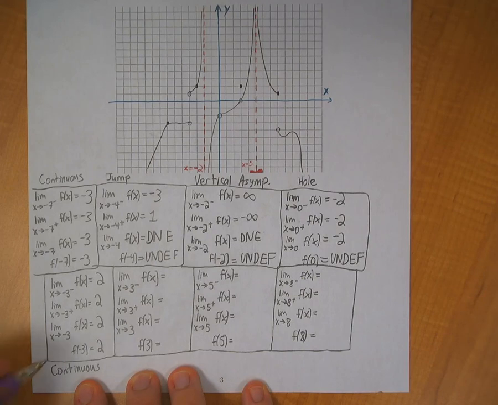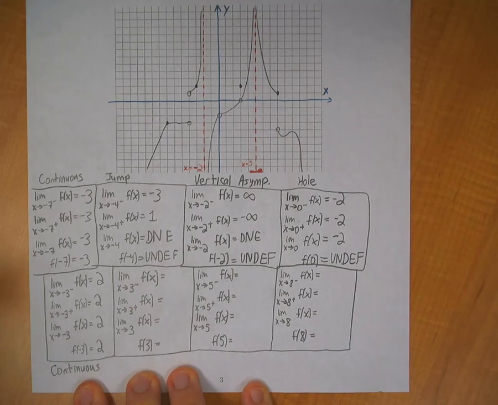What was the big thing we had to remember regarding continuity, about what these 2 values had to satisfy? The limit and the function value have to be the same, right? So since they are, we have continuity.